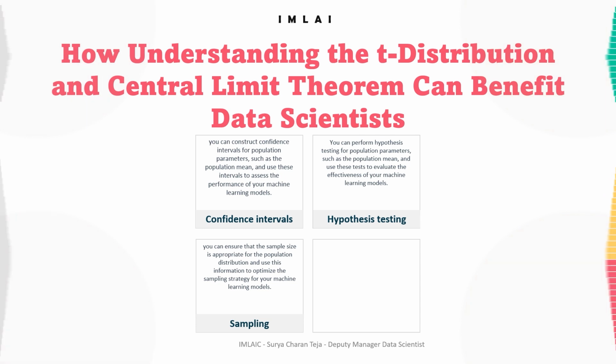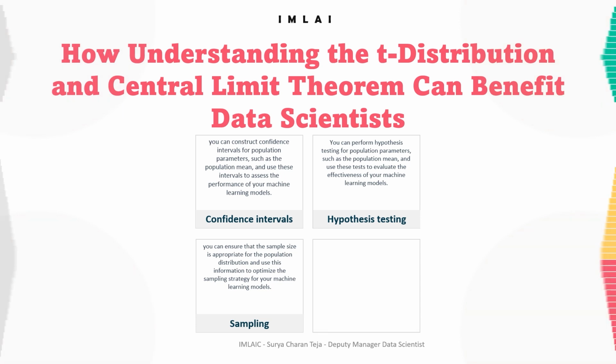I'm repeating this again so that you can have more clarity, because this is very important for a data scientist. Sampling is an important step in machine learning where a subset of data is used to train and test the model. There will be two samples we'll be taking out. One is to train the model, other is to test the model. So that's the reason the t distribution and central limit theorem are a must for you.